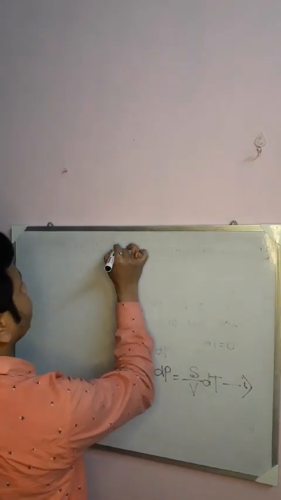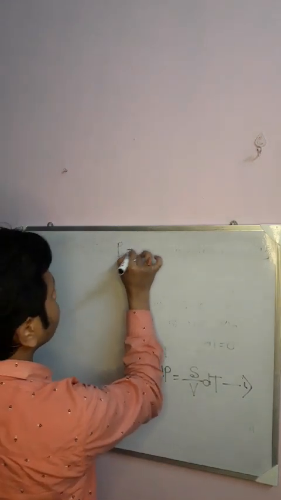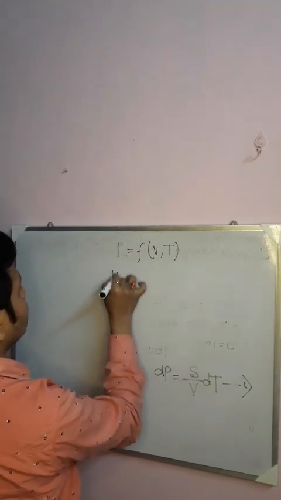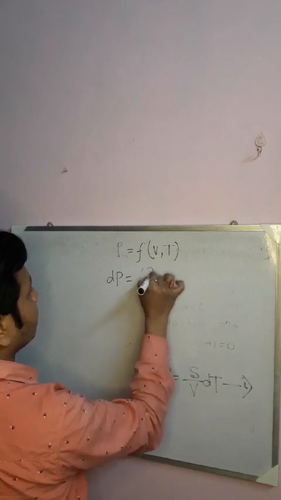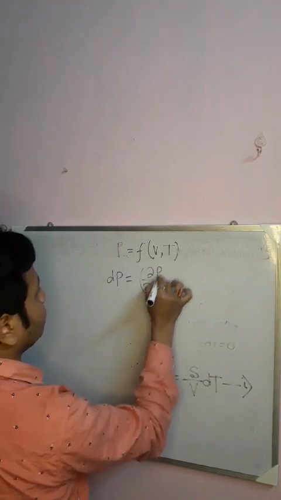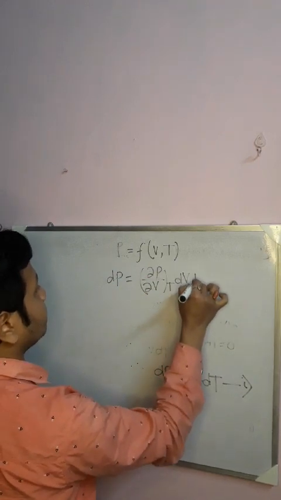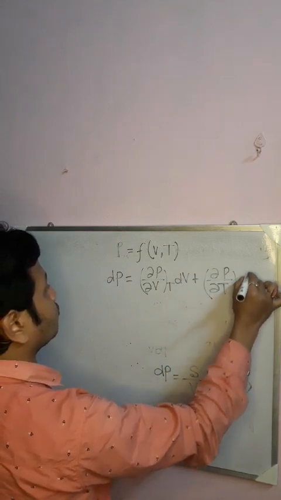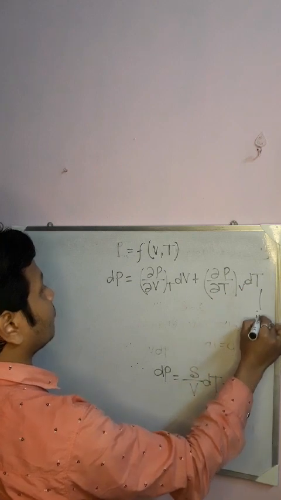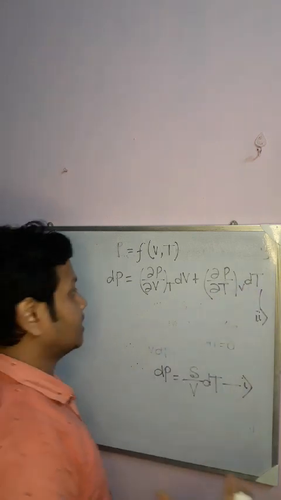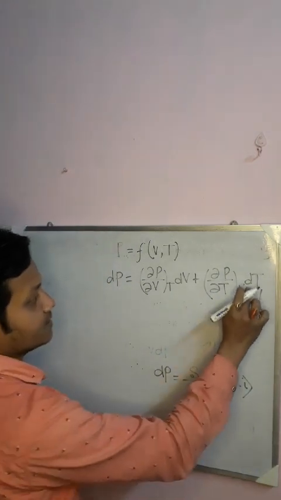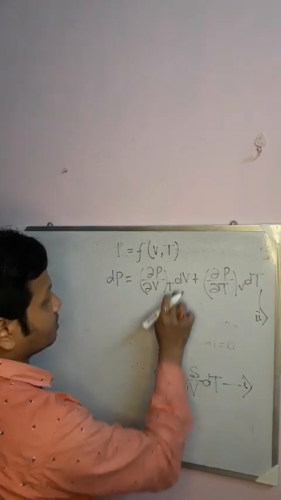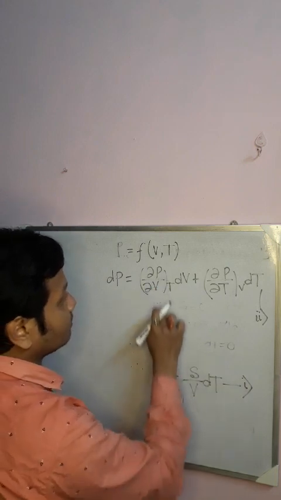Now suppose you consider pressure as a function of volume and temperature. So what will my dP be? My dP will be del P del V at constant temperature dV plus del P del T at constant volume dT. Now if you compare these two equations, you can clearly see that this is dT, this is dT. So del P del T equals this, but here there is no dV term.